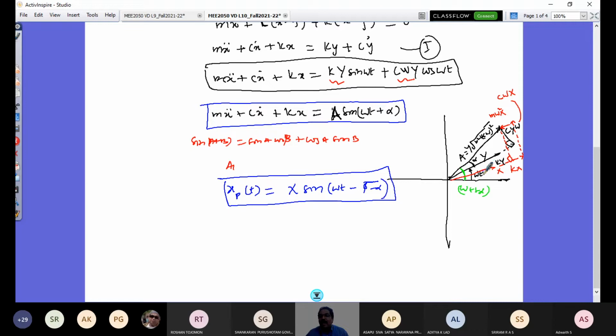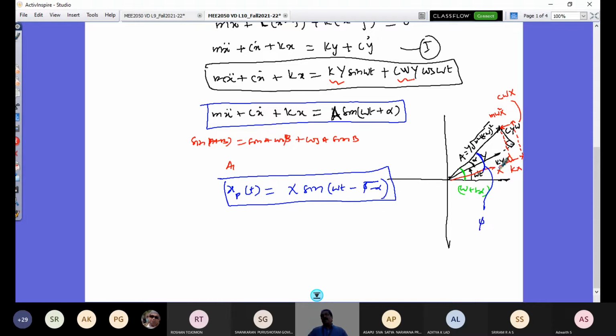So you can see that omega t minus alpha minus phi is what gives X. So this angle here is phi, our phase angle. What is the phase angle?